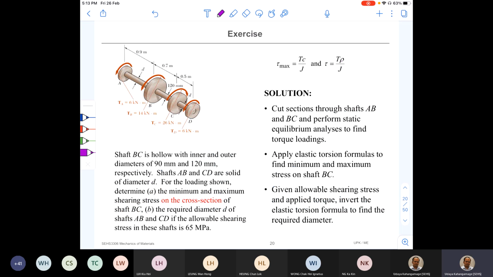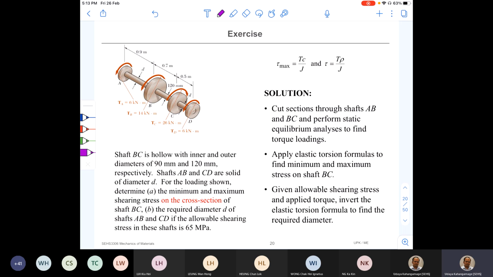Another exercise. And this one is challenging you a little bit further. Once you do this question, I guess that you have a full understanding of how to use the stress calculation equation that we have just learned.